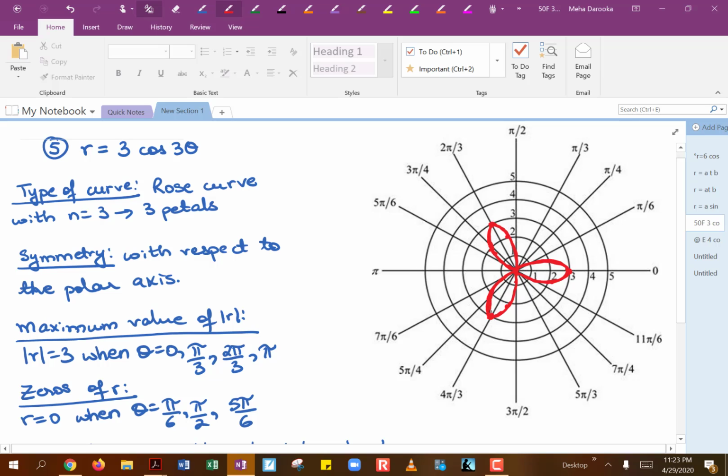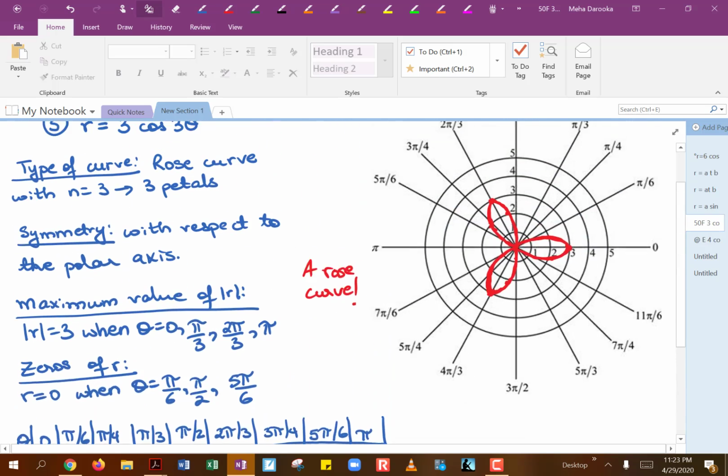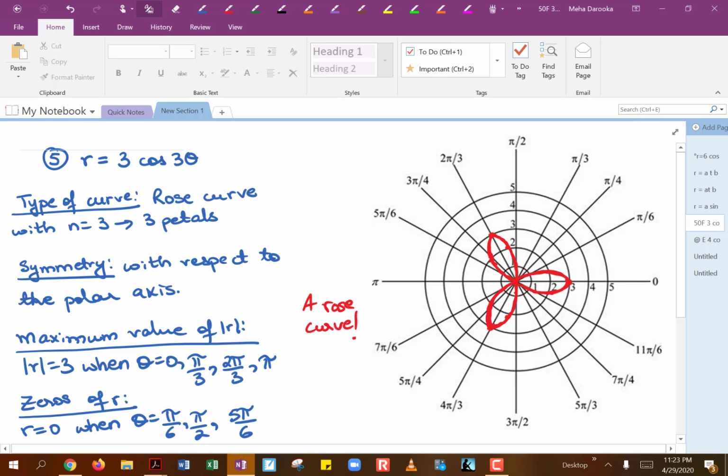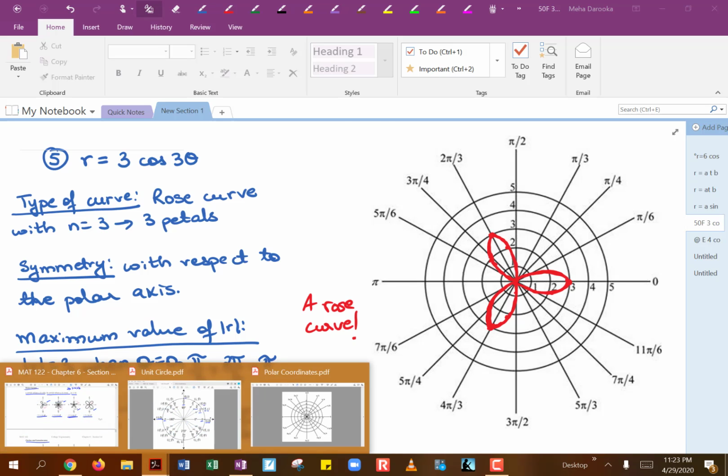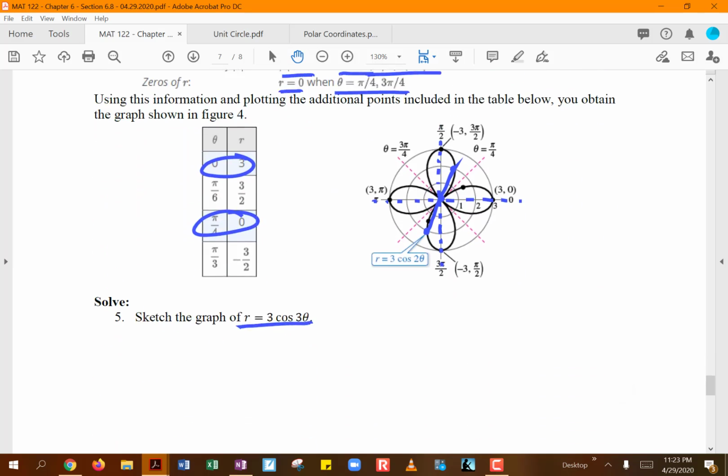At least you get a general idea of what this graph will end up looking like. So again, it's a rose curve that we have in here. Okay, so again, just follow those steps and you will get a decent graph for your function. Okay, let's see what we got.